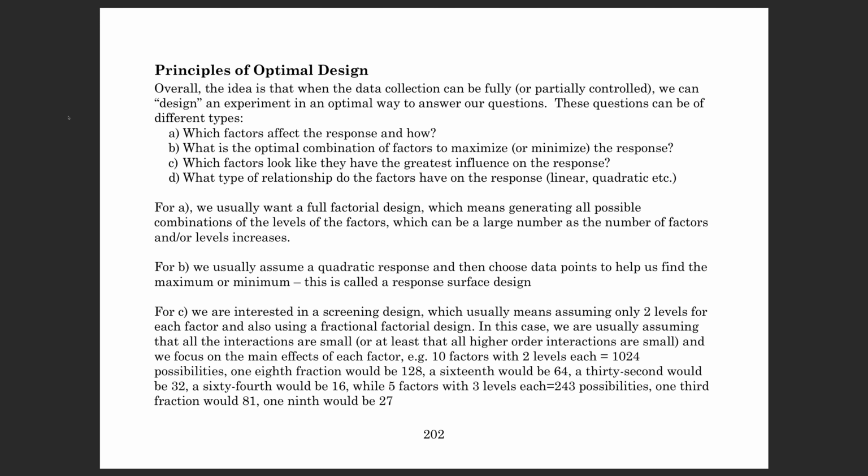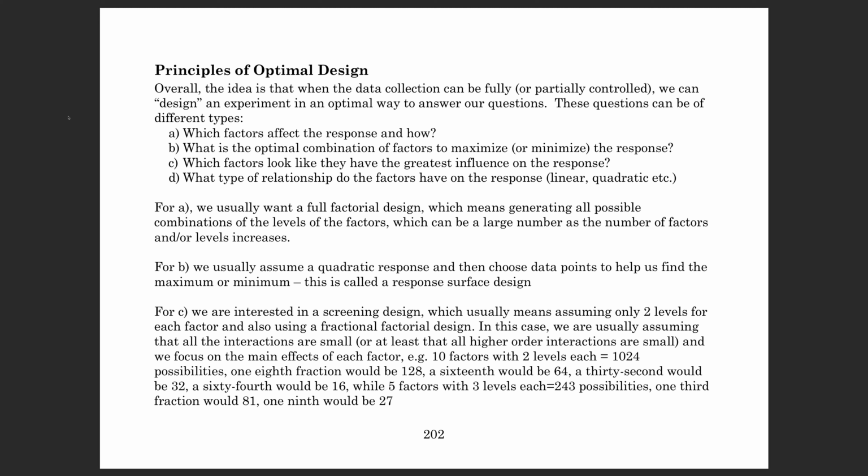So this is, if you like, the pure scientific approach. We want to have a full understanding of both which factors affect the response and how they affect it. That's the pure scientific approach, but we often may have resource constraints or some other constraints. That means we can't answer that most general question.